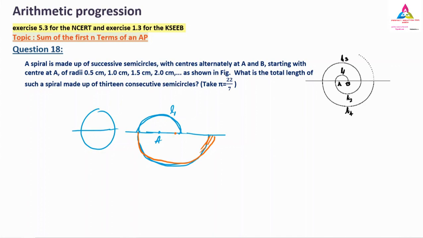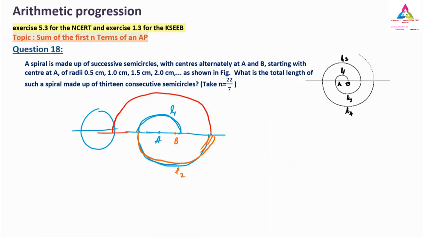I will change the color. This is the second semicircle, in orange color. This semicircle has the other center, given as B. Understood? Next we have one more semicircle, I will take red color. The third semicircle is somewhat like this. Here you can see the semicircle is bigger than L1, and the second semicircle is taken as L2.